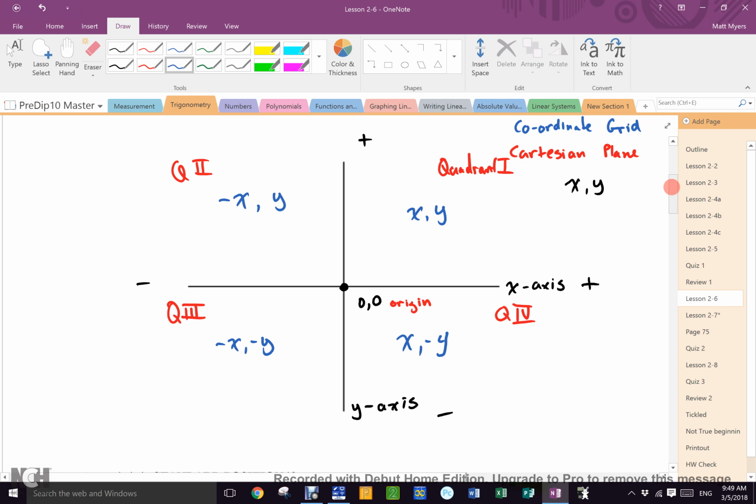Now, somebody give me a set of coordinates. Okay. Put that on the graph. 2, negative 4. So our coordinates with which we are working, 2, negative 4. So where would that be? Quadrant 4. I would go out 2 and down negative 4. I'm going to have to erase now.